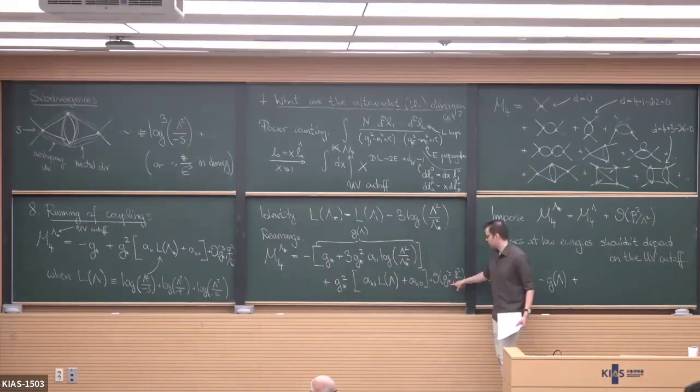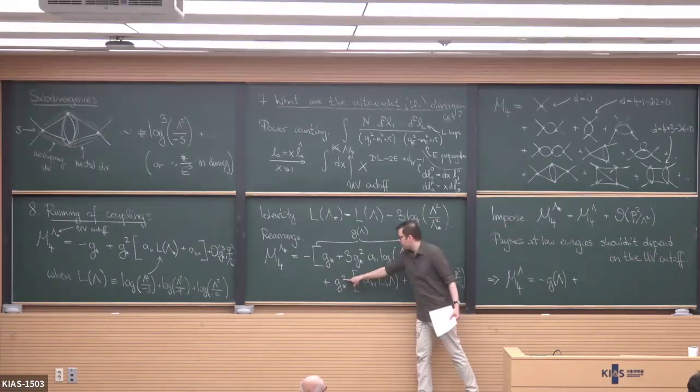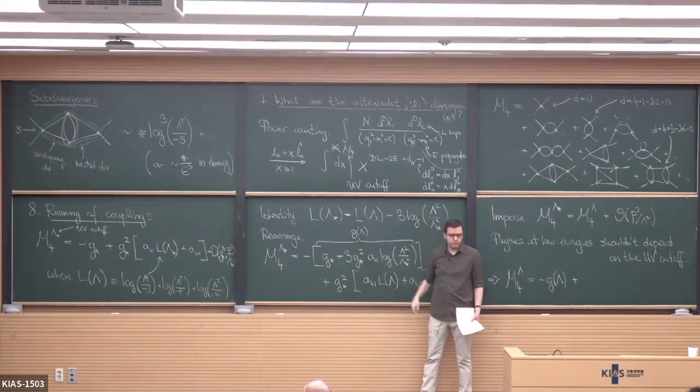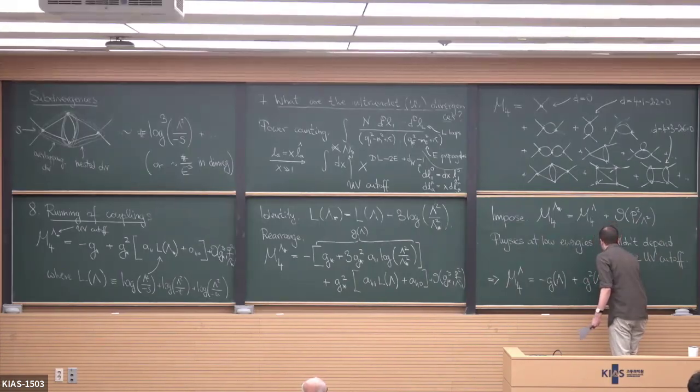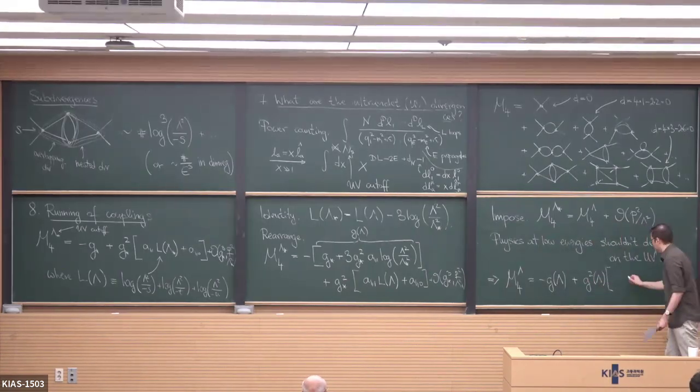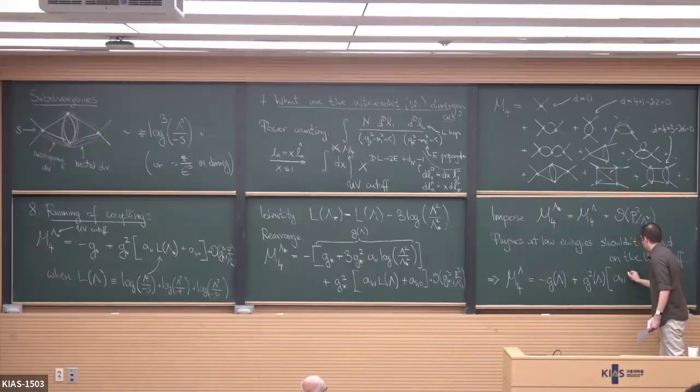But you see, to the order that I'm working with, G star squared is actually equal to G of lambda squared. I can just write it like this. And then in the brackets, I have my A11 log lambda plus the rest, plus... All right? Is the manipulation clear?